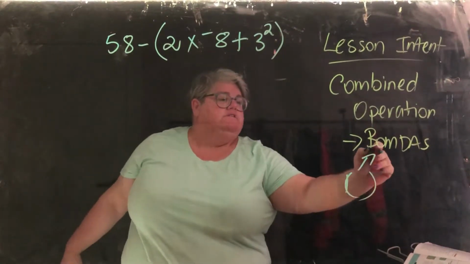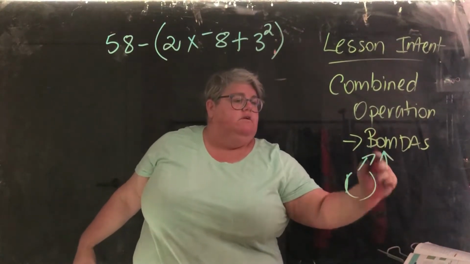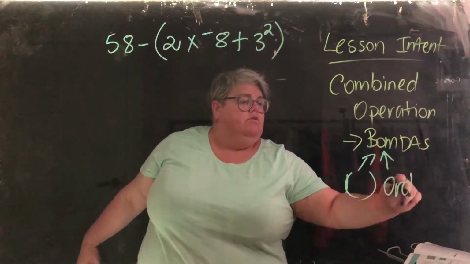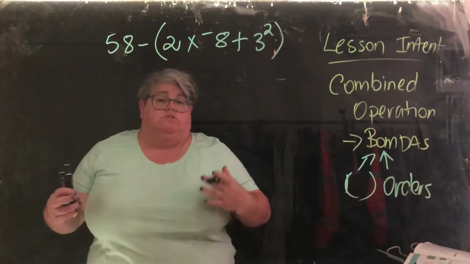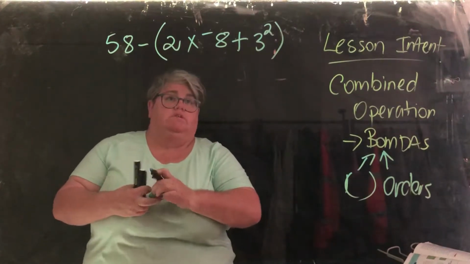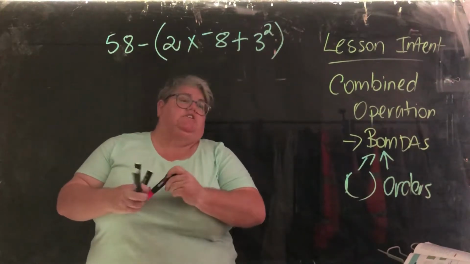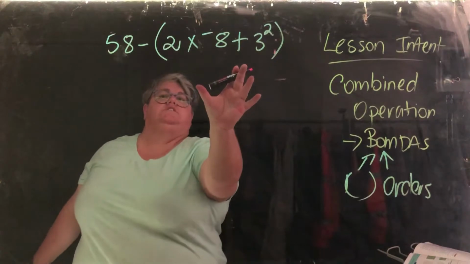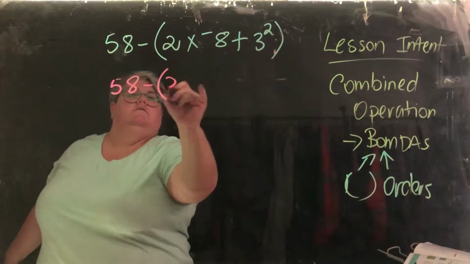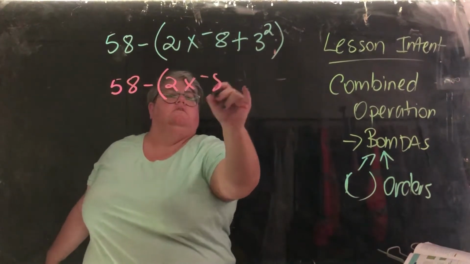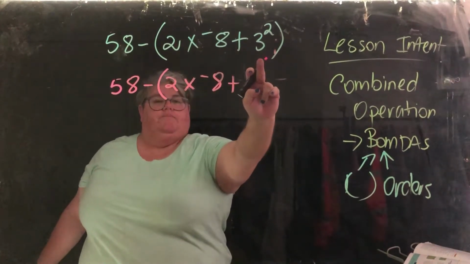Now, as far as our BOMDAS, the O meant orders. Remember, orders are our powers or square roots, that kind of thing. So let me change pens. We're looking just here. Let's rewrite it as it is. Nothing changes until we get here.